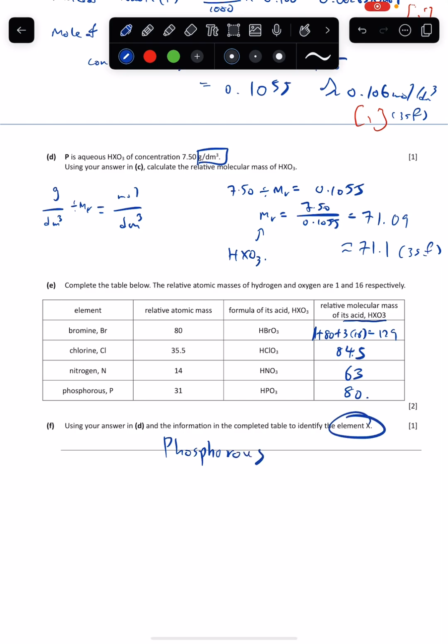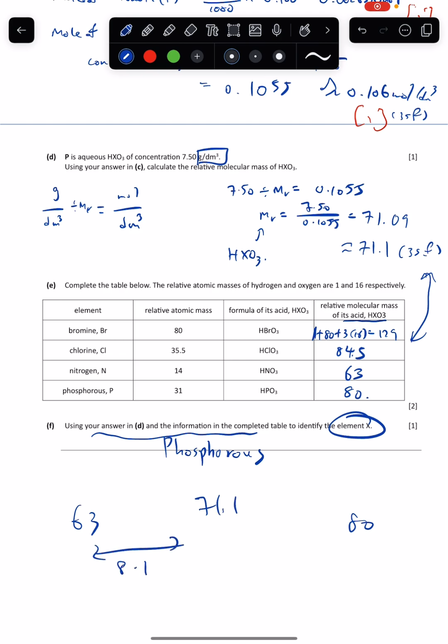Oh, so the answer is phosphorus. Because you're identifying X, use your answer. Which is nearer? You need to see 71.1 minus 63, 80 minus 71.1. The difference here is 8.1.